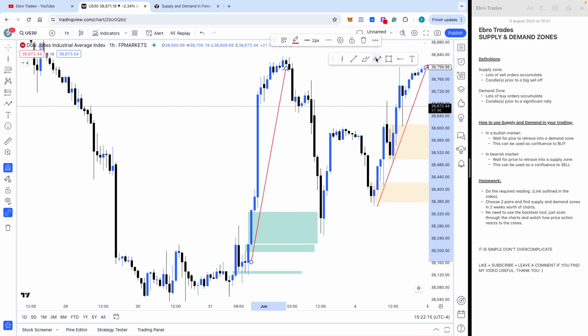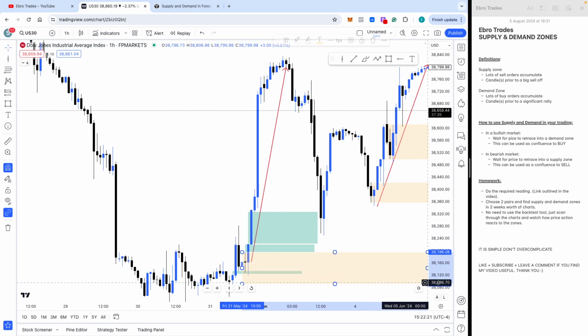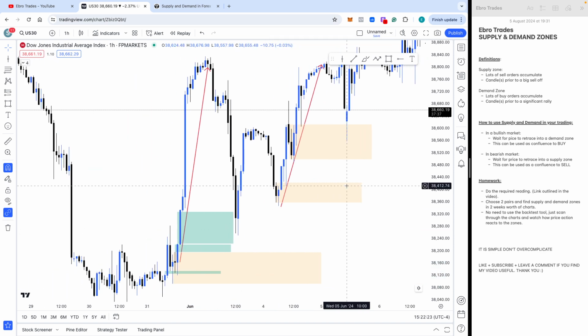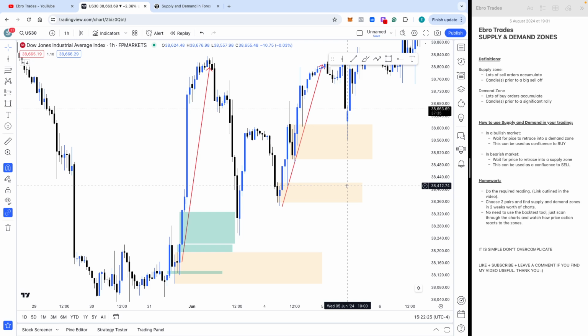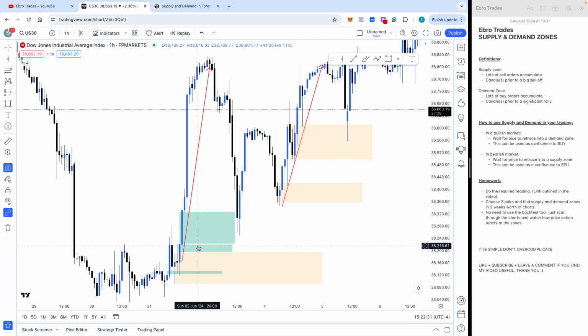Which means that the candles just before that are our demand zone. And with that, I've showed you guys what supply zones and demand zones are. Again, it's not complicated. It really is this easy. If you see a big move up, a few candles before that is your demand zone. If you see a big move down, a few candles before that is your supply zone.